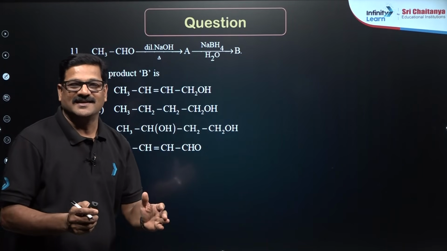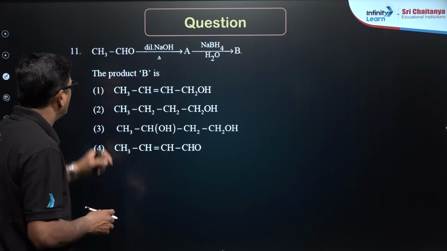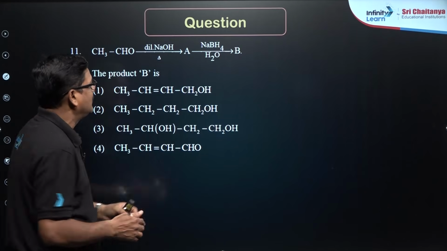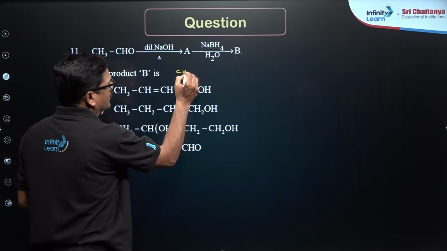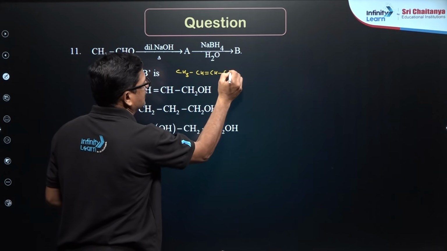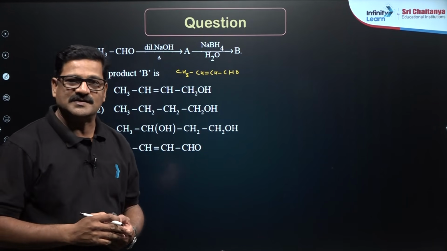Students, it is a question based on aldol condensation followed by reduction. What will happen? Acetaldehyde is treated with sodium hydroxide and you heat it, you are going to get CH3CH=CH-CHO, but-2-enal. This is the aldol condensation product.